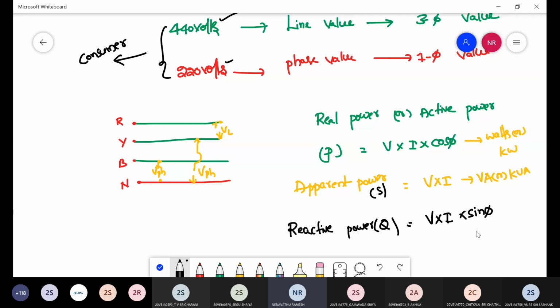The units are volt ampere reactive or kilovolt ampere reactive. Okay, Rama? So complex power also. Yes, sir.